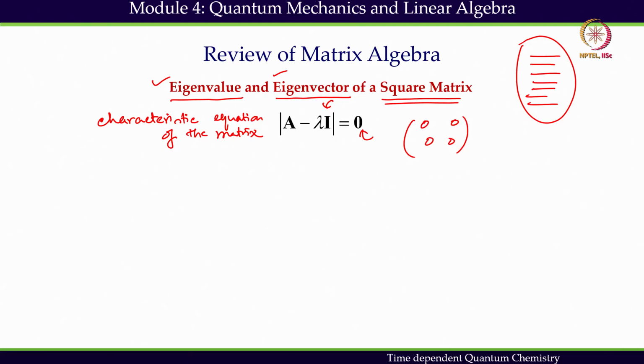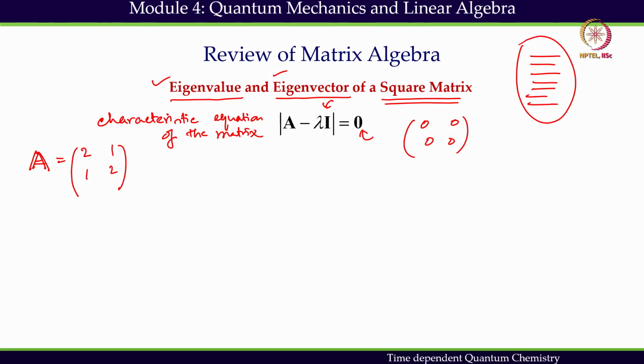So, we'll take one example here to find out eigenvalue, eigenvector. Let us say I have the matrix 2 1 1 2, a simple 2 by 2 matrix.